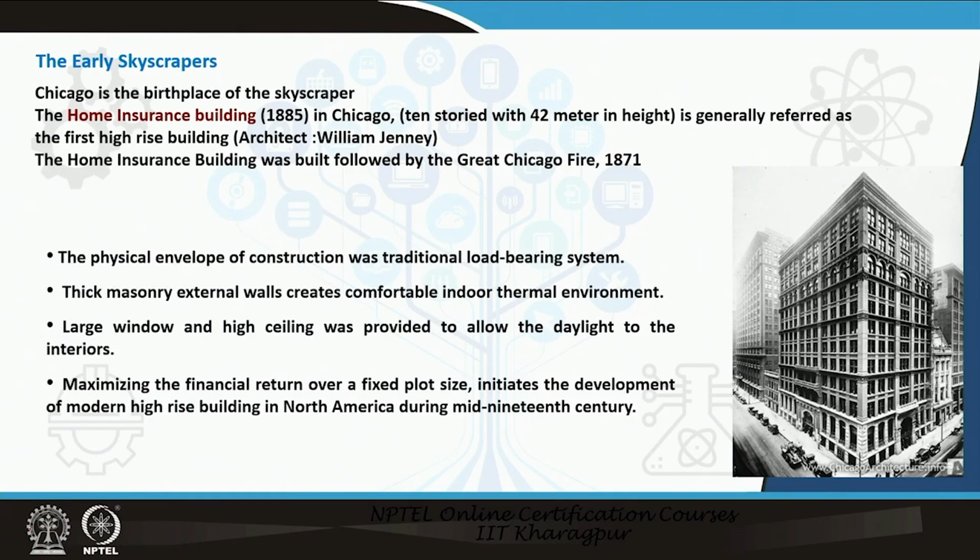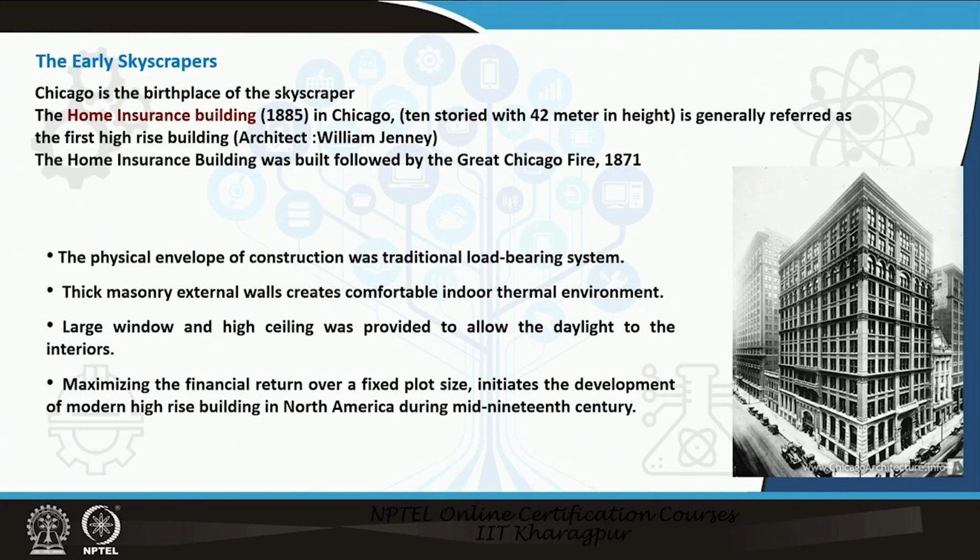What is the character of the building? The physical envelope of this construction was traditional, that is load bearing. They did not move from the load-bearing system to the frame structure system. The thick masonry external wall creates a comfortable indoor environment.